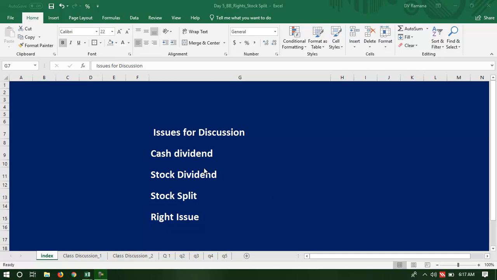In this session, we will understand the impact of these four decisions: cash dividend, stock dividend, stock split and rights issue on the balance sheet.